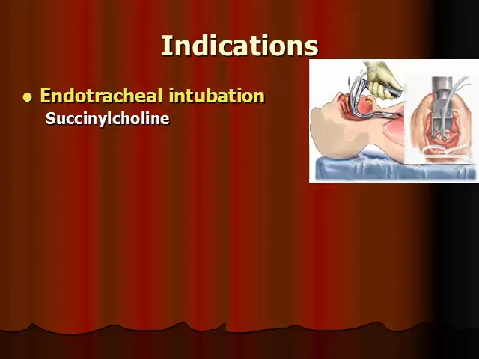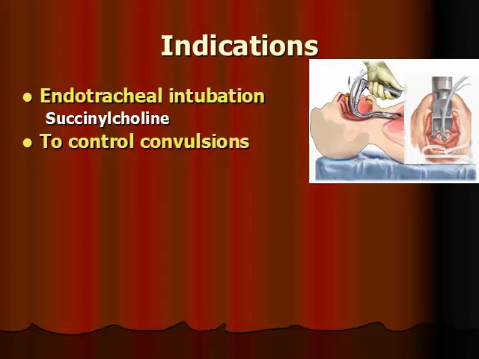This leads to paralysis of all the skeletal muscles, including the respiratory muscles. The endotracheal tube is introduced rapidly, and the patient is ventilated through it, until the action of succinylcholine vanishes. At the same time, the inhalation anesthetic is introduced, mixed with oxygen, to continue the effect of the thiopental, which was used for induction.